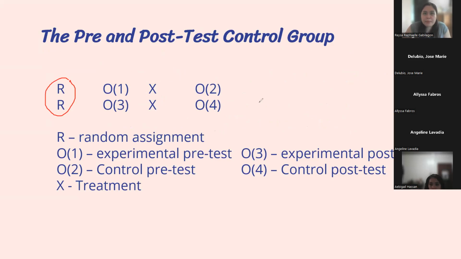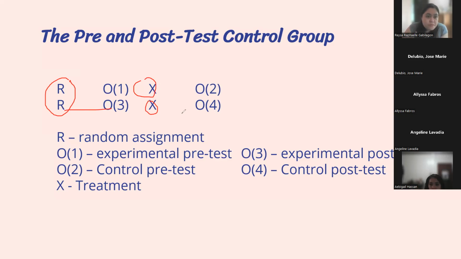Pag meron kang example, daga o kaya blood, magra-random assignment ka. Random assignment of the blood sa first group that will receive the experimental treatment or the substance that you are investigating, and then magra-random assignment ka din sa the other group that will receive the positive control. Most of the time, it will be positive control na treatment.